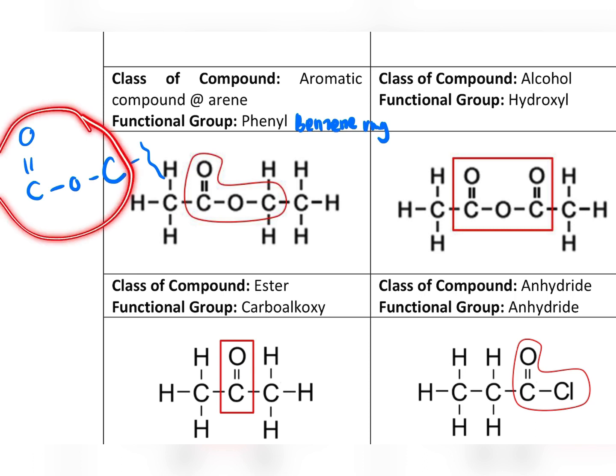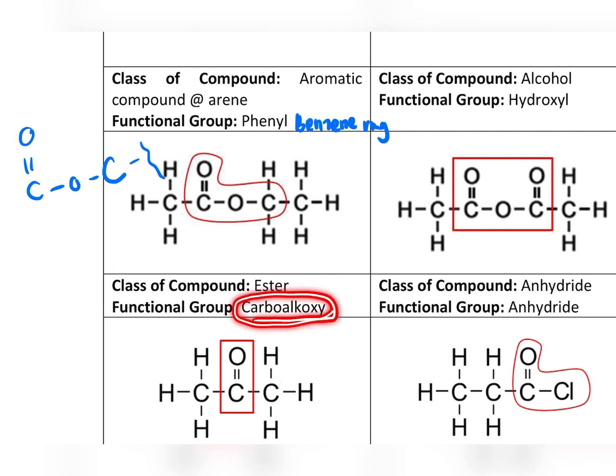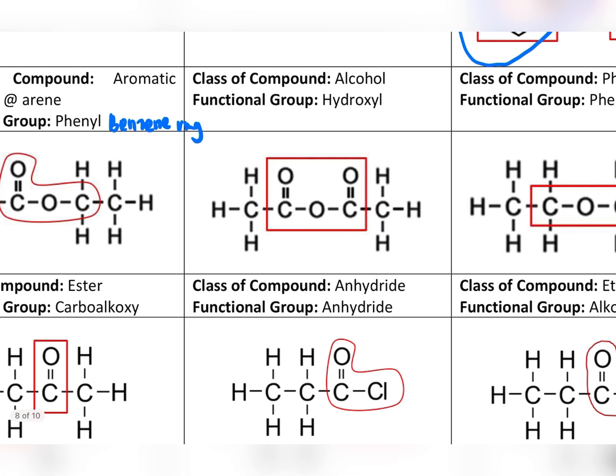Okay, so ini adalah ester. Okay, class of compound dia adalah ester. Okay, so functional group dia adalah carboalkoxy. Okay, so ini pun gabungan dua functional group juga, dia gabungkan carbonyl dengan alkoxy. So jadi carboalkoxy.